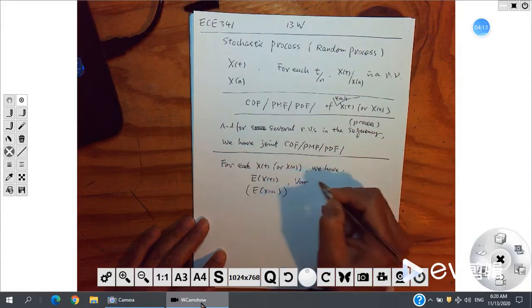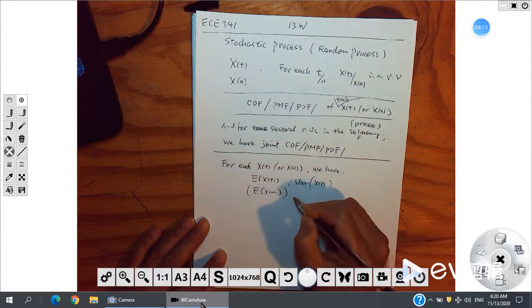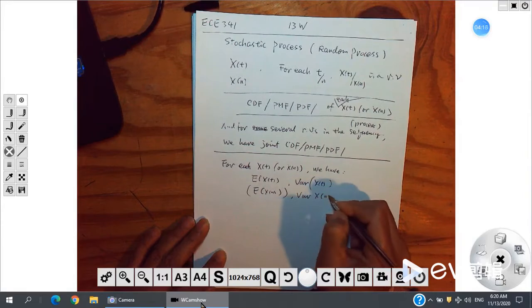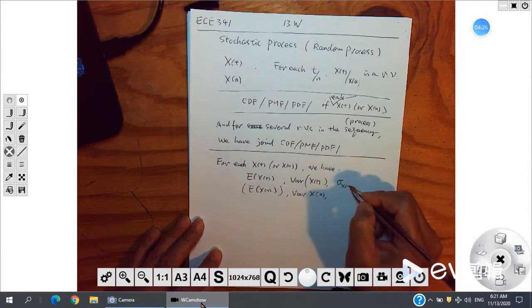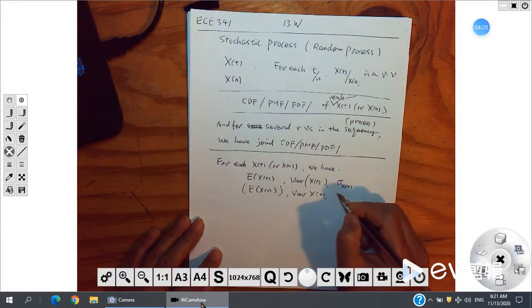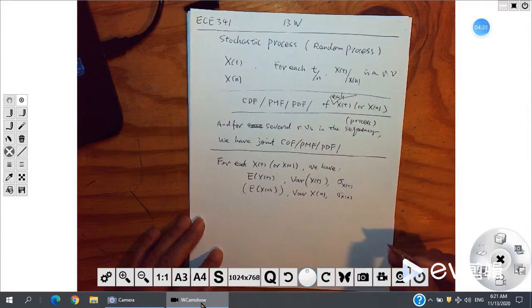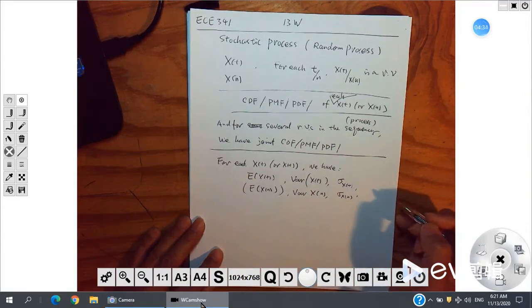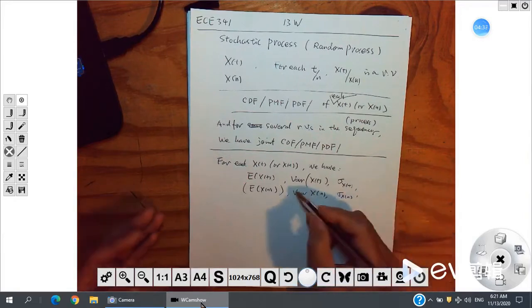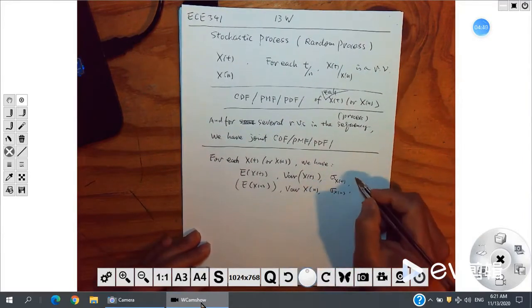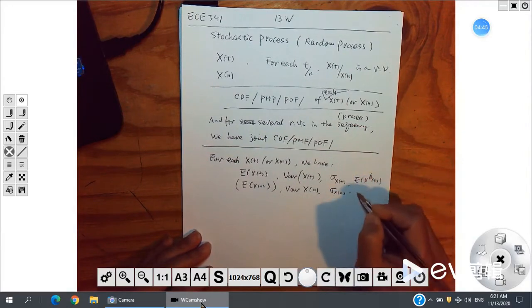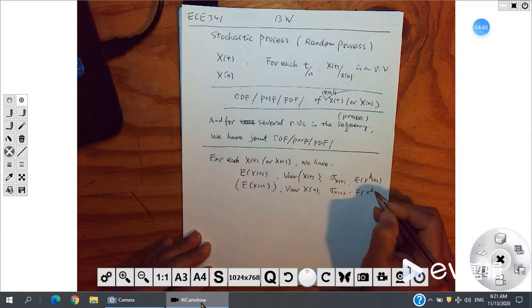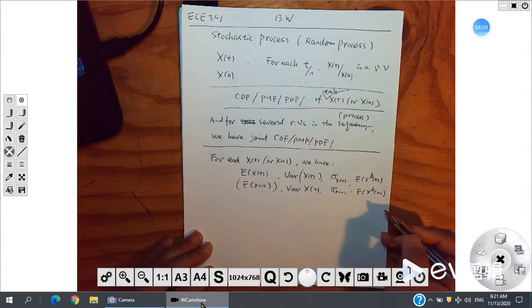Variance of x(t) or variance of x(n). You also have the deviation of x(t) or x(n), right? You can have similar things like the k-th order moment, something like that.